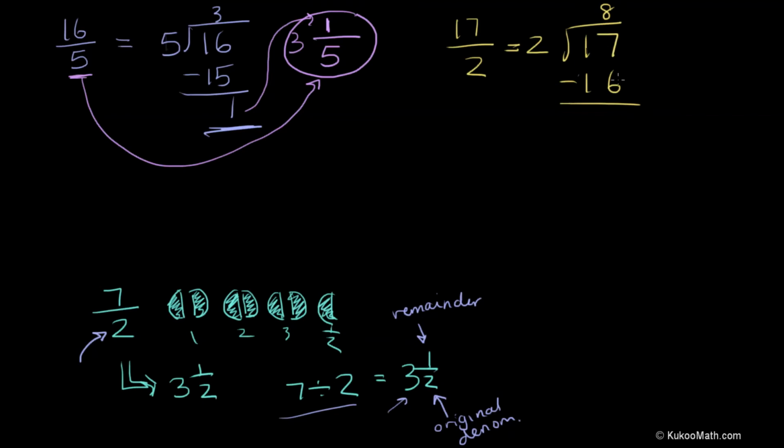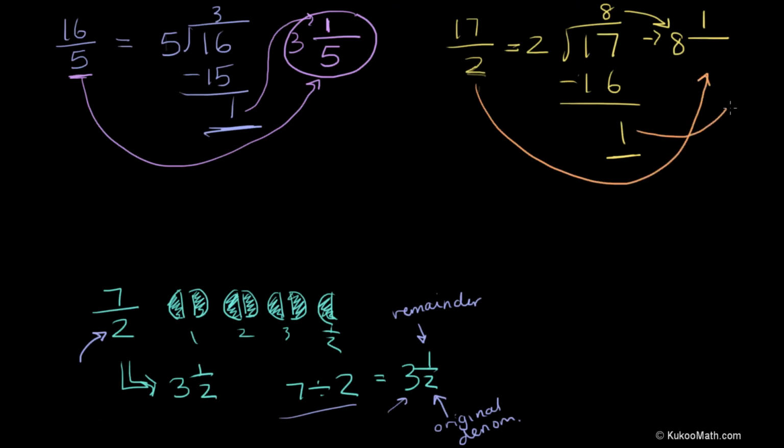And when we subtract, we get 1. 1 is our remainder, so what we get is that 8 is the body, 1 is the remainder, and 2 becomes our denominator. And then that's our answer, 8 and 1/2. So you should know that 17 over 2 is equal to 8 and 1/2, and 16 over 5 is equal to 3 and 1/5.